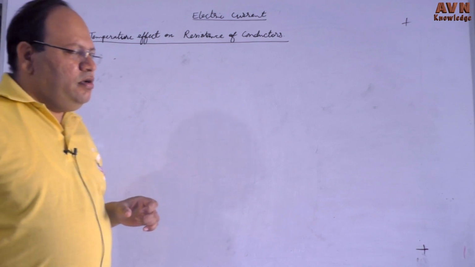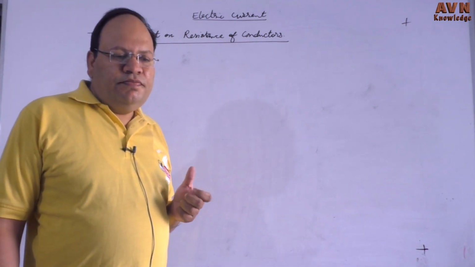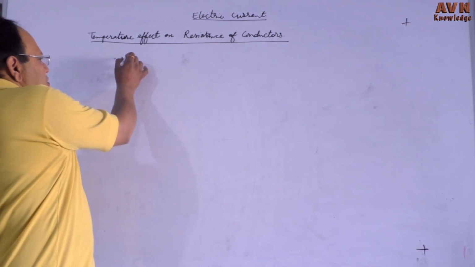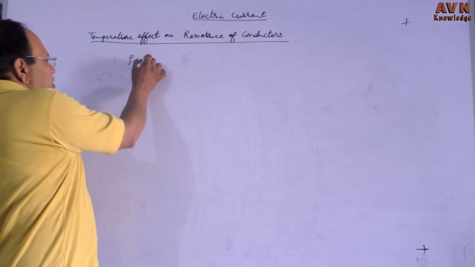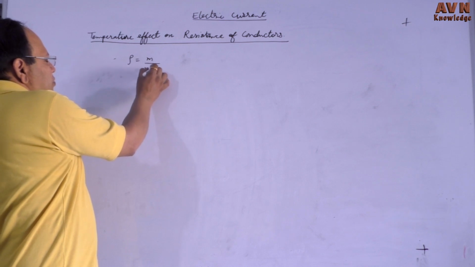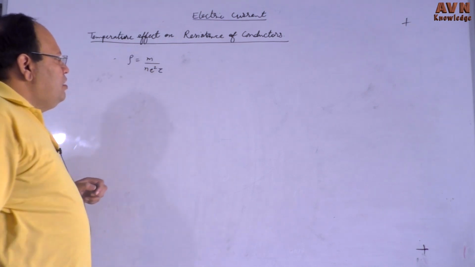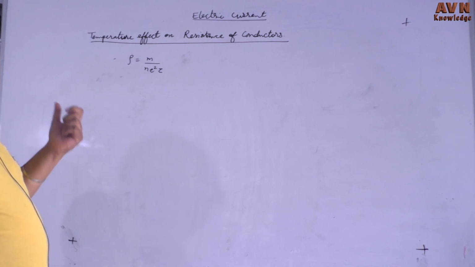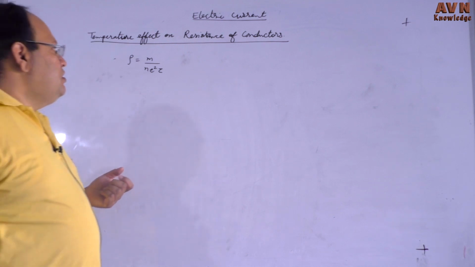According to temperature, when we raise the temperature, the resistivity or specific resistance formula we have already studied: rho equals m upon n e squared tau. Tau is the average time of collision.